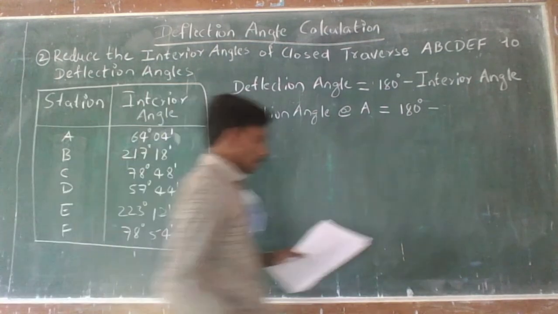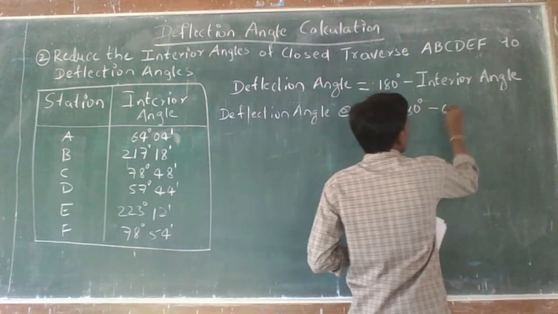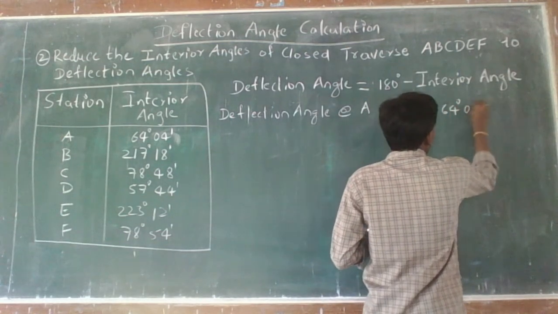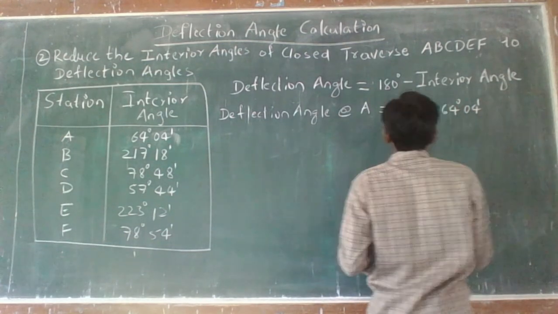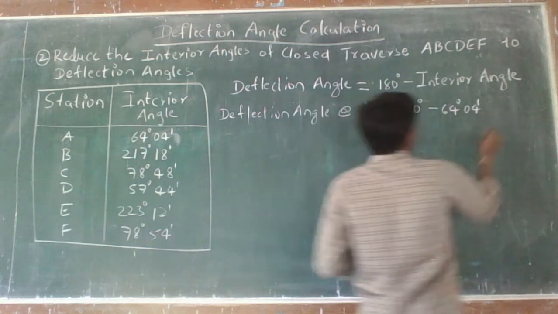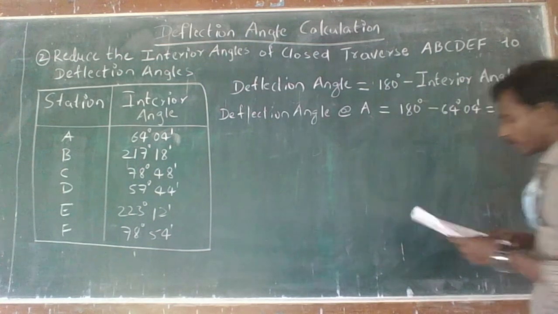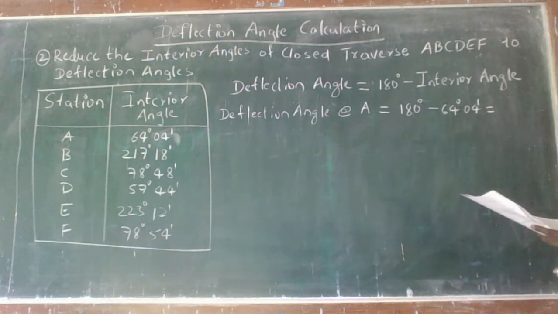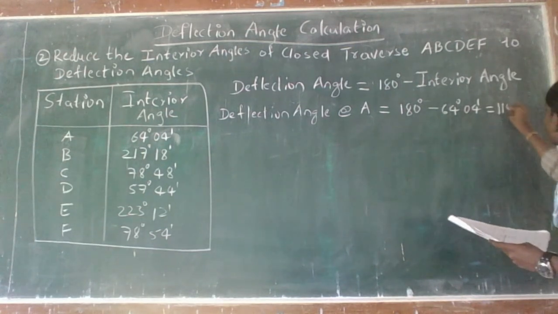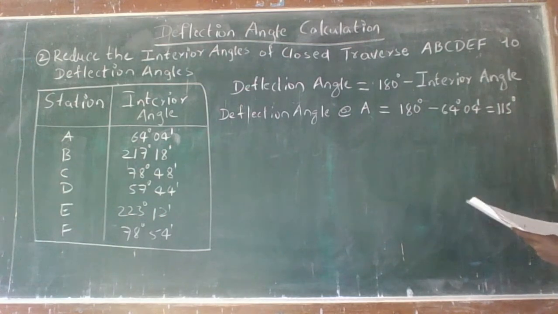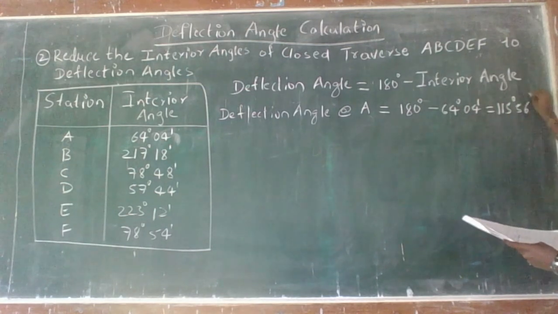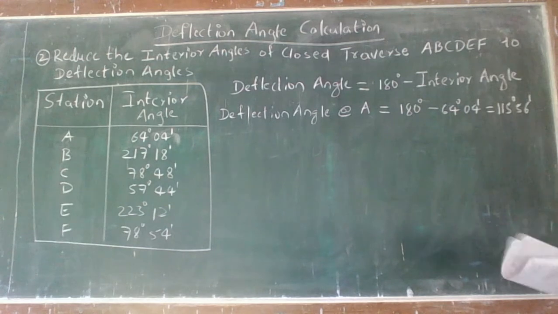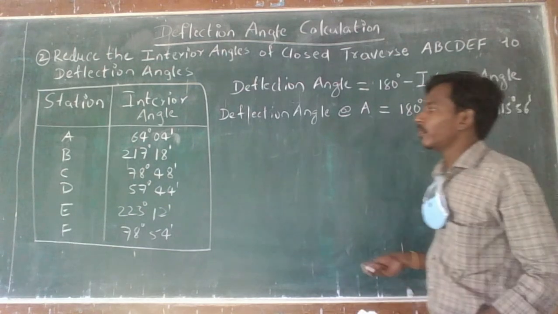Now substitute the value 64 degrees 4 minutes and you will get the answer. The difference of these two angles will give you the answer 115 degrees 56 minutes.